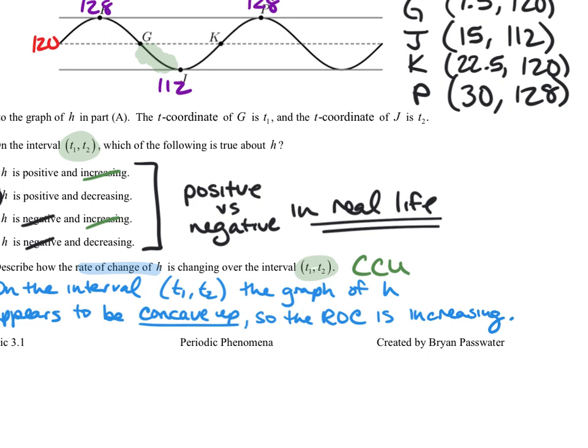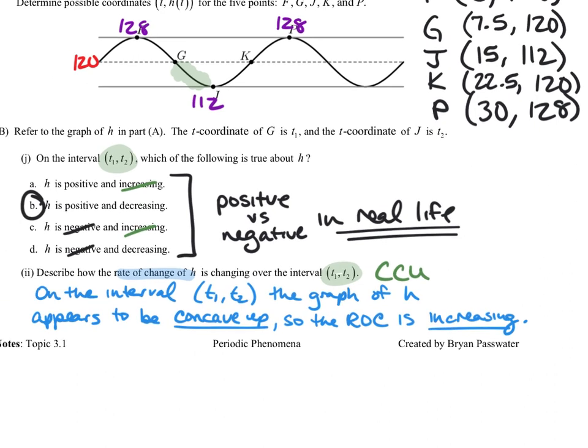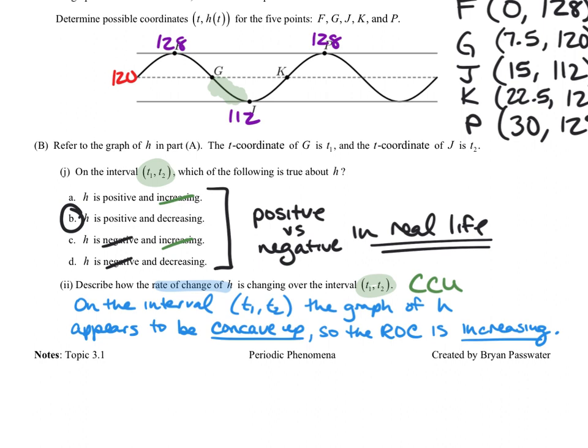Concave up, increasing rate of change. Concave down, decreasing rate of change. Now, obviously, that whole sentence would be the ideal answer. I'm pretty sure that readers will accept it if you say the rate of change is increasing because it's concave up. That's as blunt as it can get. But this is the nice flowery language we like to use here.